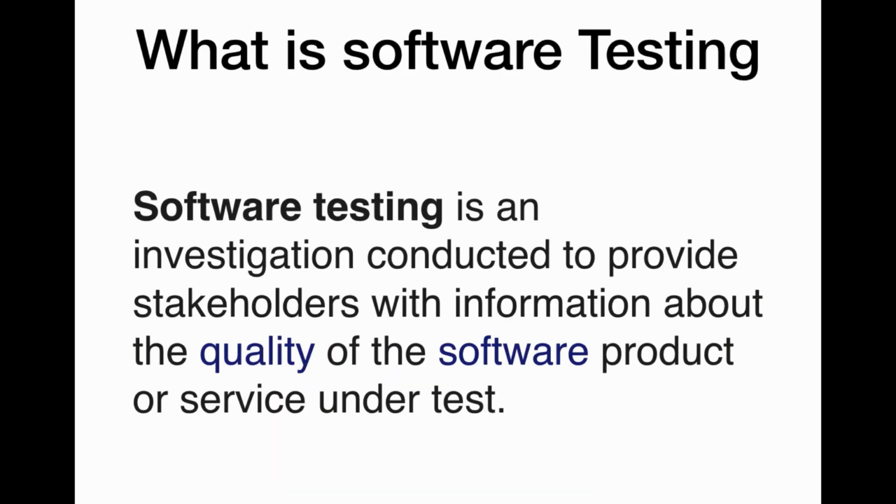Software testing is an investigation conducted to provide stakeholders with information about the quality of the software product or service under test. This is nothing but the definition from Wikipedia. Just read it, it's okay.